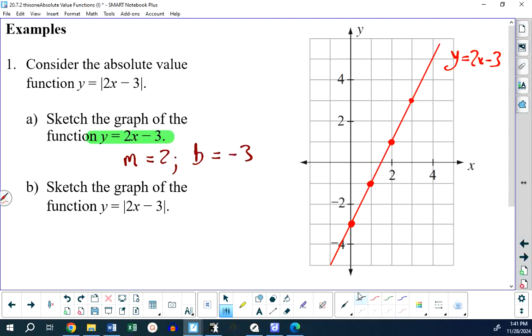What does this function look like? Well, it looks like this, wherever this is already on or above the x-axis. Because if the point is on the x-axis, the y-coordinate is 0, and the absolute value of 0 is still 0.